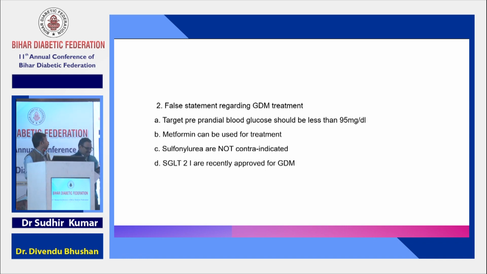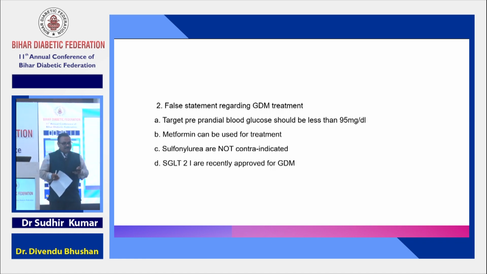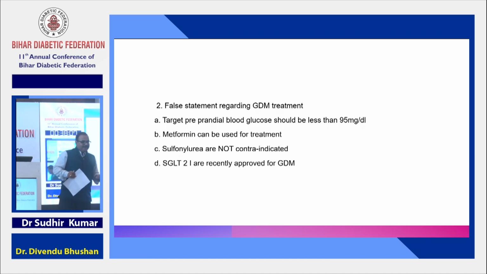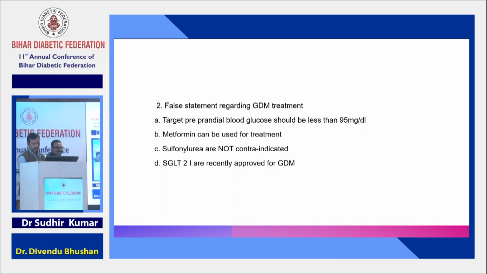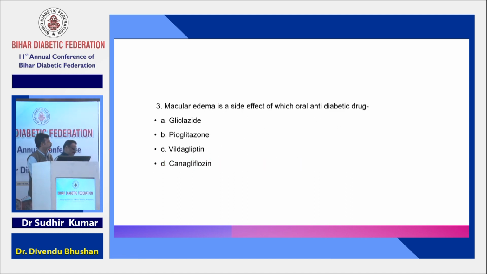The correct answer is option D. What two OHs can we give in GDM? Meaning we can give them, it was not contraindicated, you know. Then why did you get it wrong?